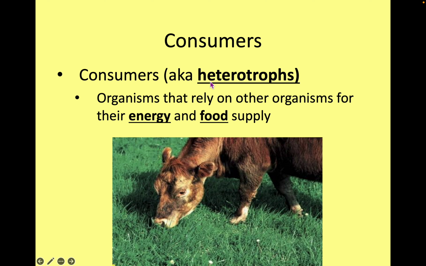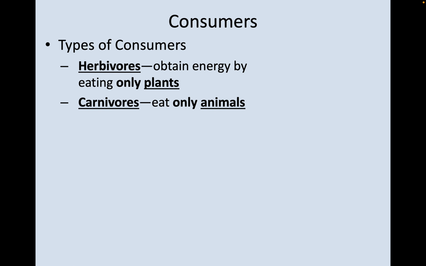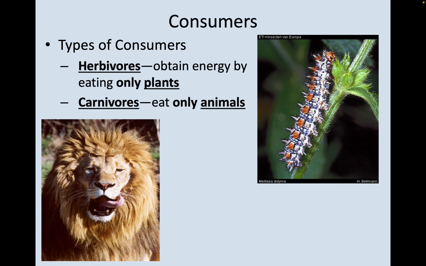Consumers, also known as heterotrophs, hetero meaning different, feeding, so they have to rely on others for their food supply. Examples of consumers could be anything that's eating the plants, anything that's eating the producers. They can also eat other organisms. So we've got herbivores, which are going to obtain energy by eating only plants.